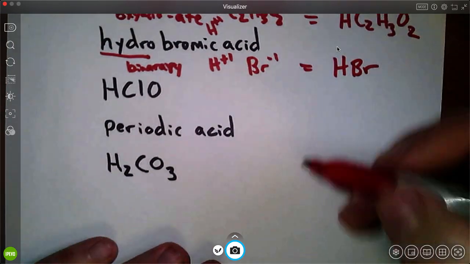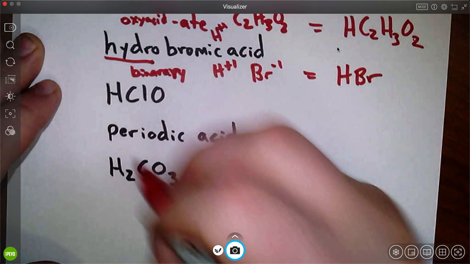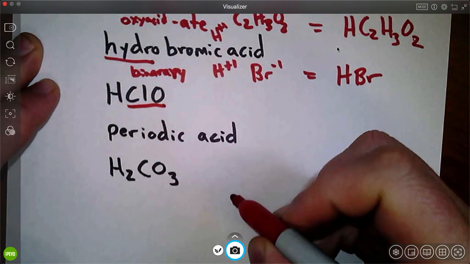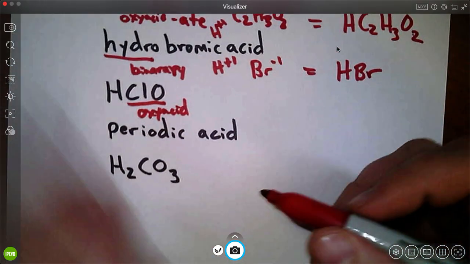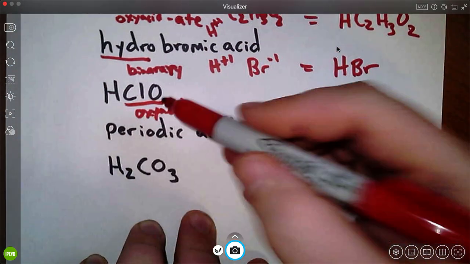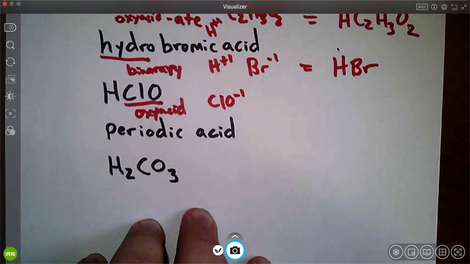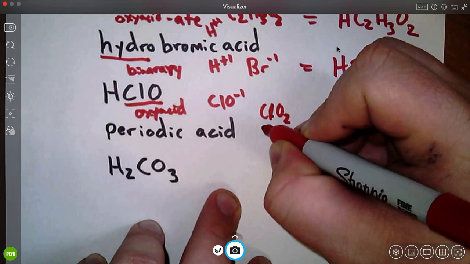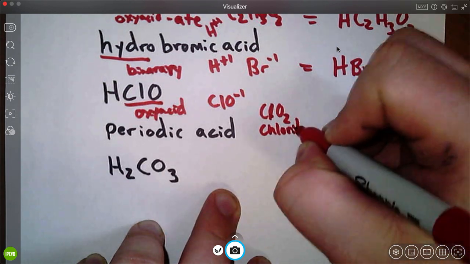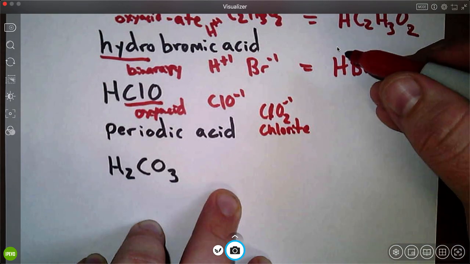This next one here, HClO. Well, that is my polyatomic ion, so this is an oxyacid. Okay? It's got hydrogen with it, but it's a polyatomic ion, so we're looking for ClO, which is a -1. We have ClO2, which is chlorite. So one less than that would be hypochlorite.